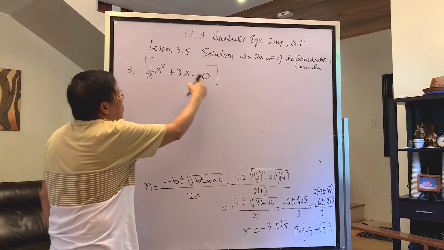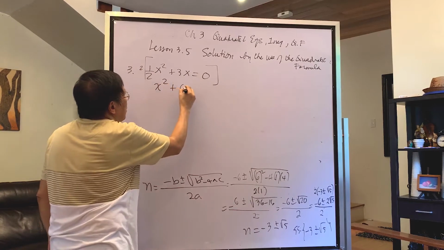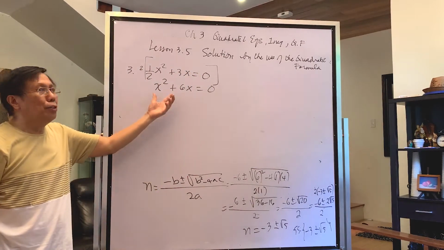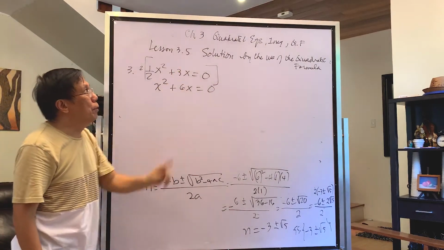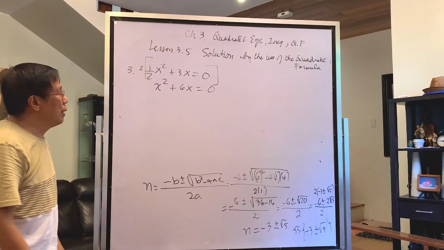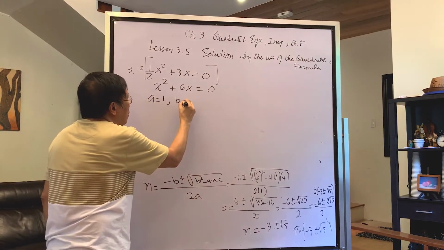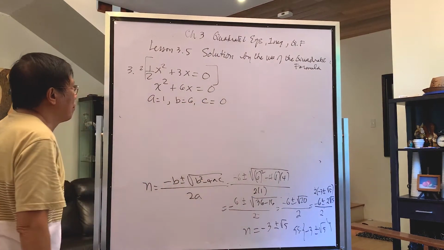So I will apply MPE by 2, and I will get x squared plus 6x equals 0. Now, note that this can easily be solved by factoring method, but we are employing the use of the quadratic formula. So here we identify my A. A is 1, B is 6, and C is 0.